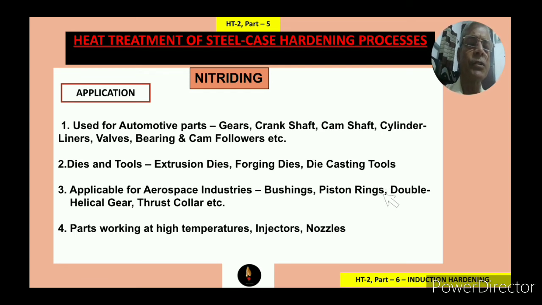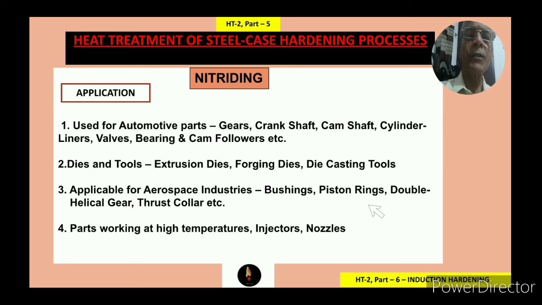It is applicable to aerospace industries like bushings, piston rings, double helical gears, thrust collars, etc. And parts working at high temperature like injectors and nozzles, because there is very high temperature resistance, and it maintains surface hardness at high temperature. So all these injectors and nozzles are also nitrided.